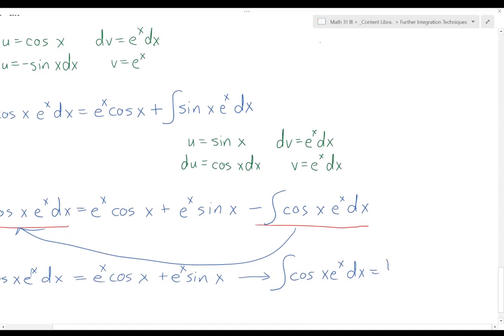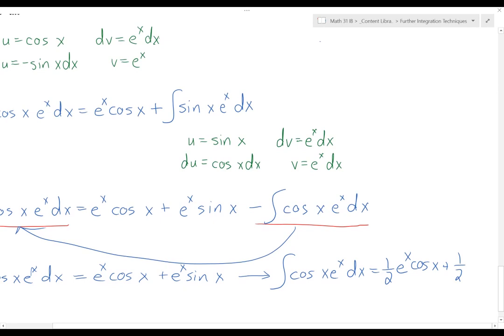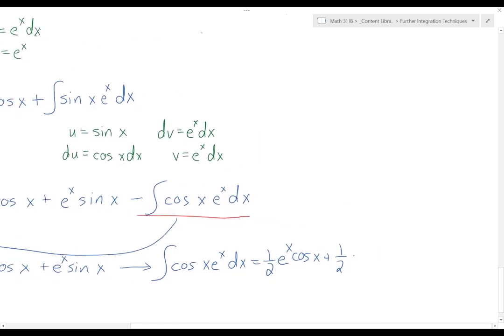So 1/2 of e to the x cos x plus 1/2 of e to the x sine x plus, of course, some constant.